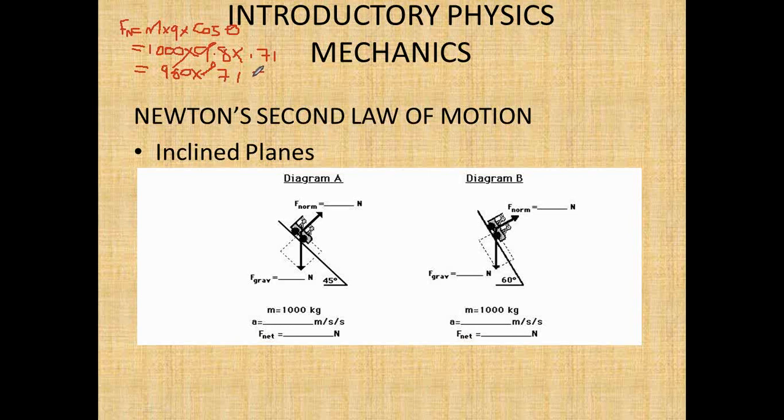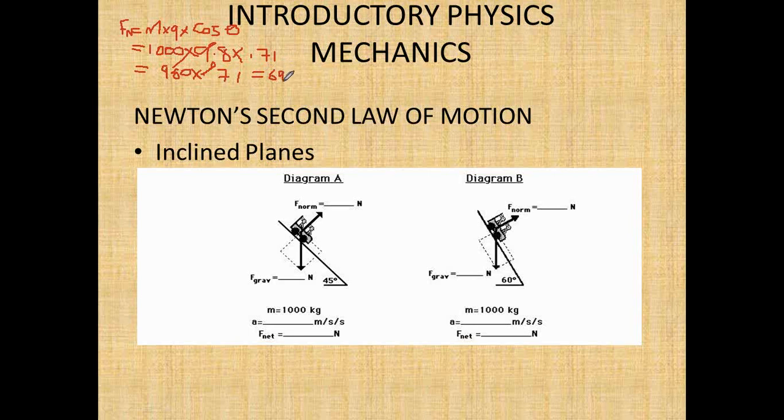So let's see what that is. That's going to be the normal force, right? So that's 980 times 0.71, and that's equal to 696. So that's the normal force, 696 newtons. Remember, the normal force is not going to make the object move down.